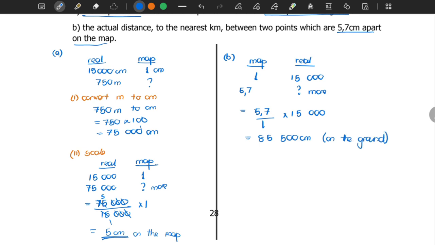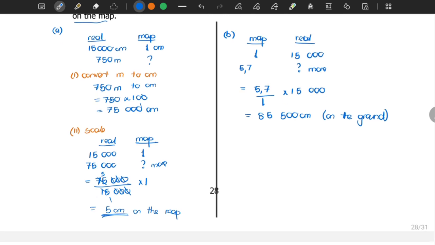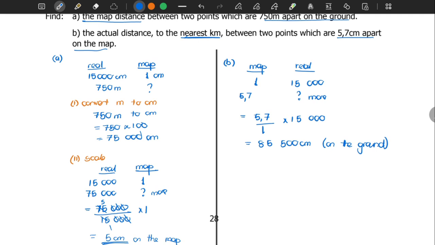But we were asked to give the answer in kilometers, actually to the nearest kilometer. So now converting to kilometers, we do centimeters to meters and then to kilometers.